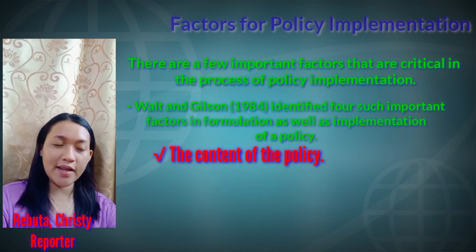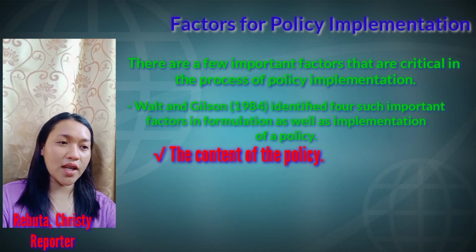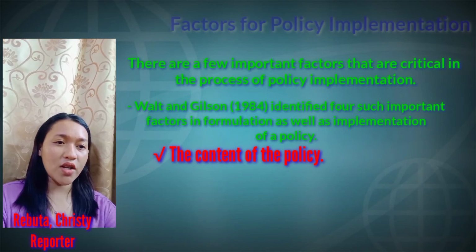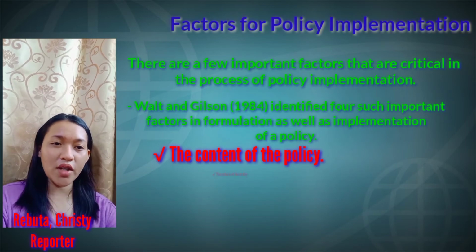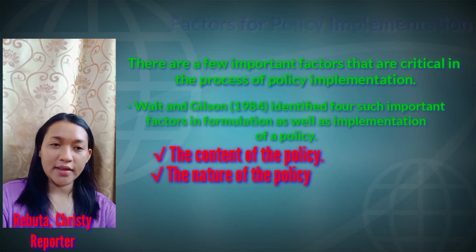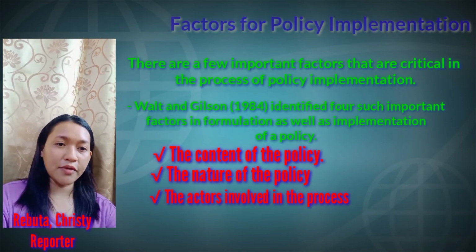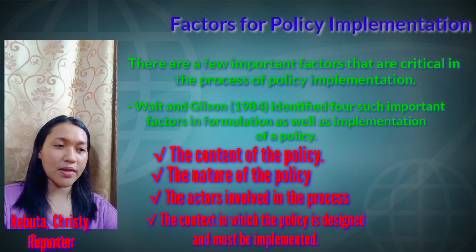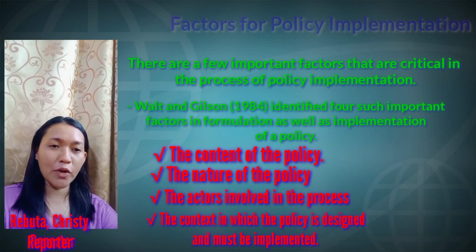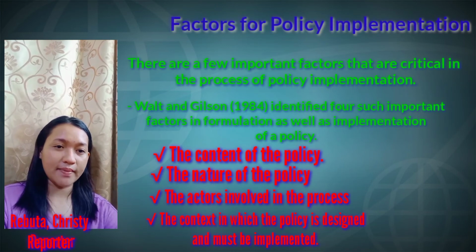The content of the policy should have the substantive information and material contained within a policy in relation to the policy's requirements. Number 2, the nature of the policy. Number 3, the actors involved in the process. Number 4, the context in which the policy is designed and must be implemented. Those are the 4 factors by Walt and Gilson.